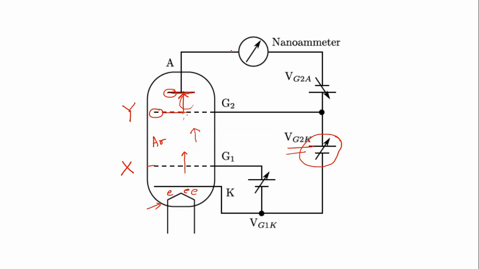There would be an anode current flowing in this direction, because electrons flow in this direction, and you will be able to notice it in the nanoammeter connected here. So this current is the anode current.